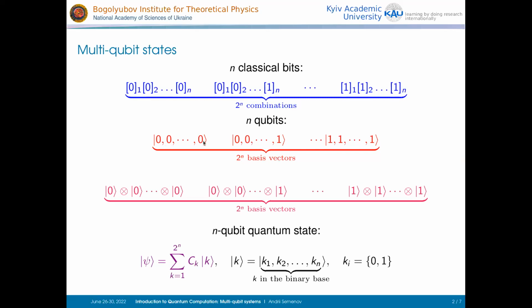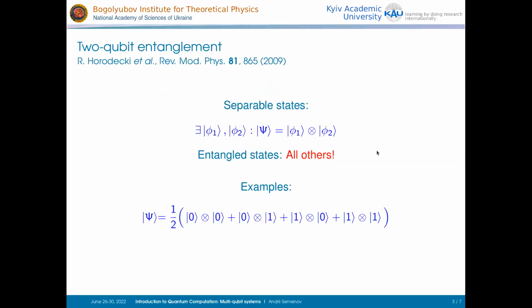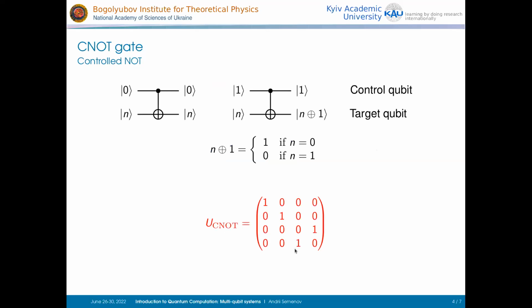So the first was all zeros, after that 1, and so on. And the matrix of the CNOT gate looks like this, so it does nothing with the first qubit, and reverses the second qubit when the first qubit is in the state 1. So this is exactly described by this matrix.